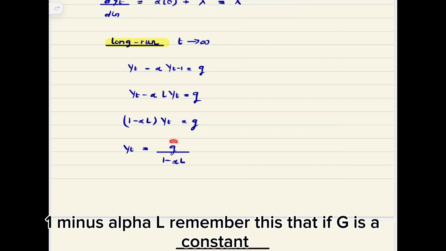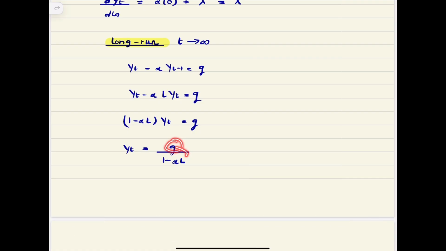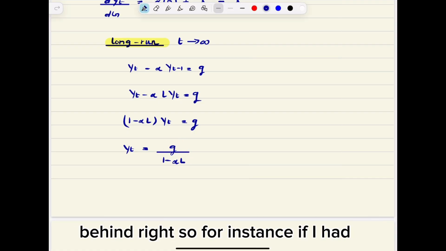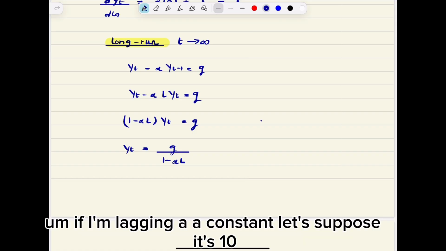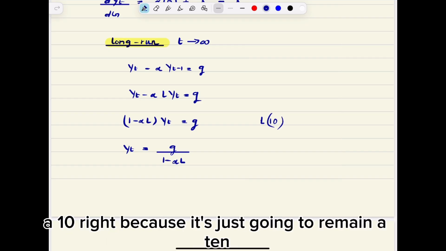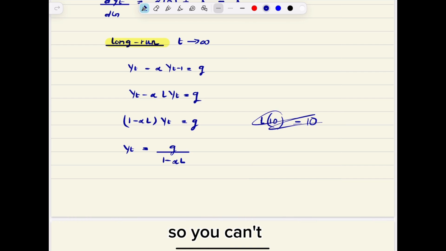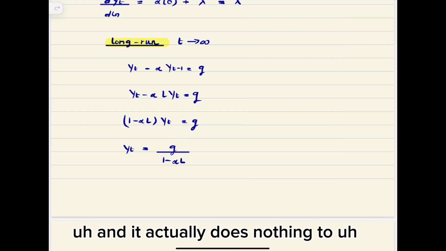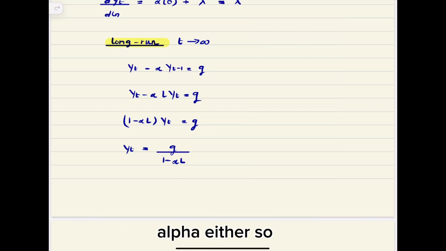Remember this: if g is a constant, then you can't lag a constant behind, right? For instance, if I'm lagging a constant, let's suppose 10, you can't lag a 10, because it's just going to remain a 10. So the lag operator here actually does nothing to g, and it does nothing to alpha either.